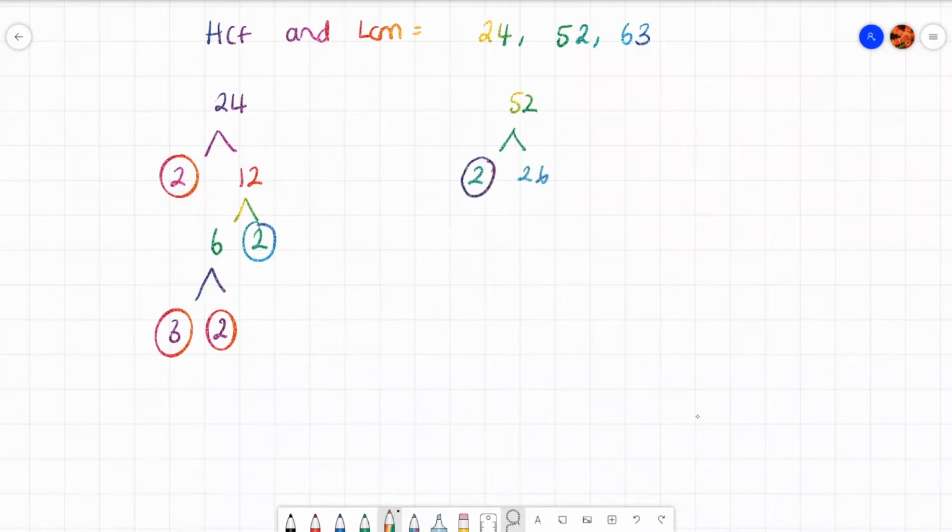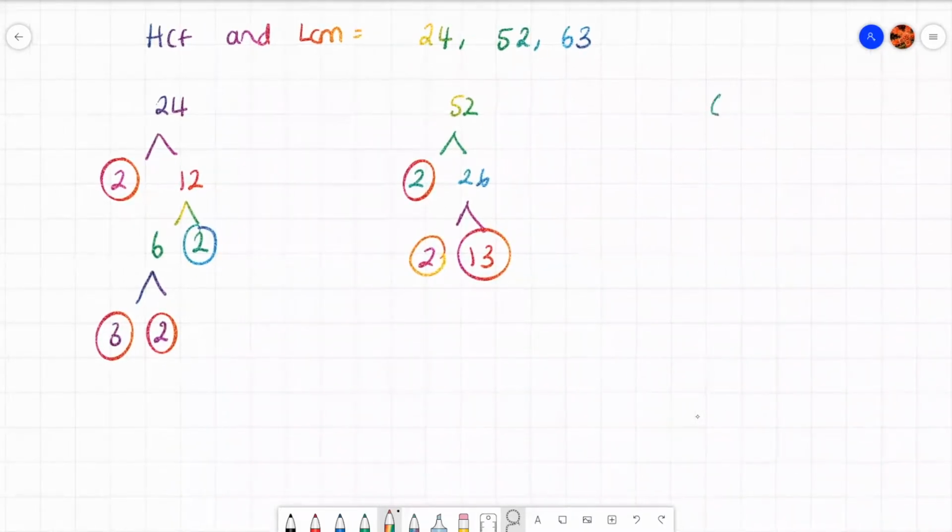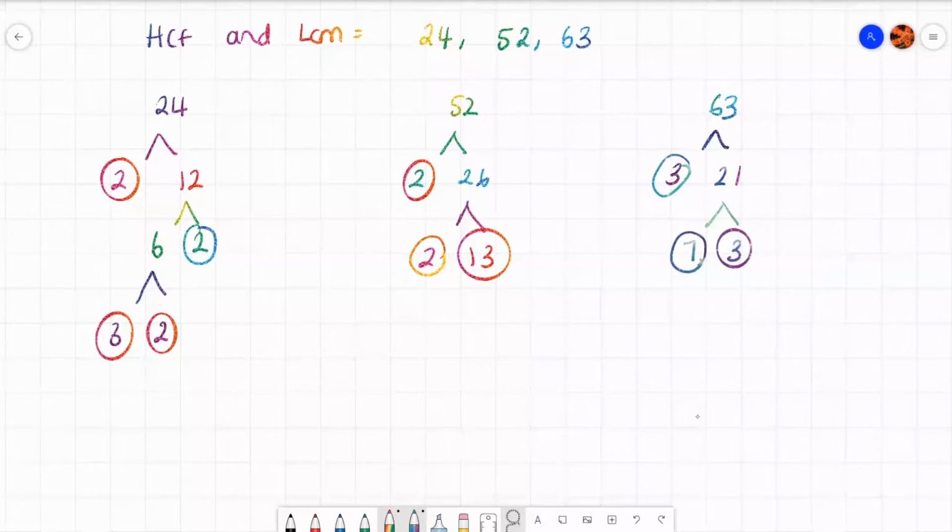Just 2 is prime. 26 is 2 times 13, both prime. 63, I'm going to say 3 times 31. Yeah, 21 actually. 21, good job, I spotted that mistake now. 3 is prime, 21's not, it's 7 and 3, and they are both prime.